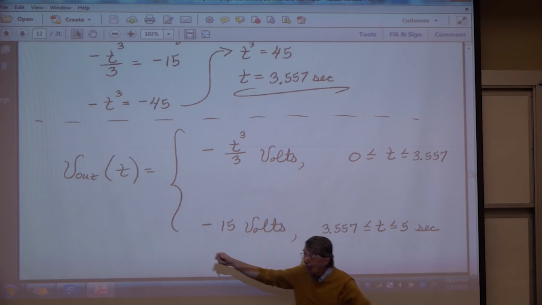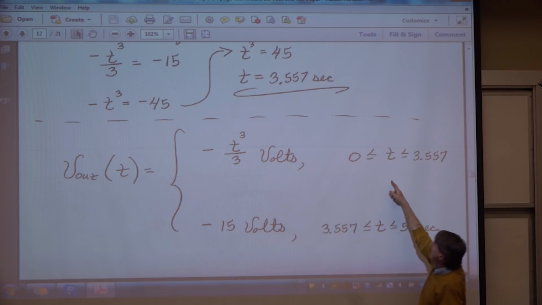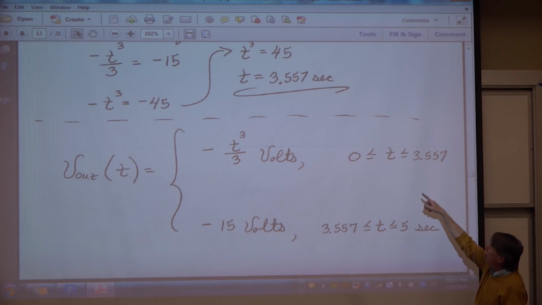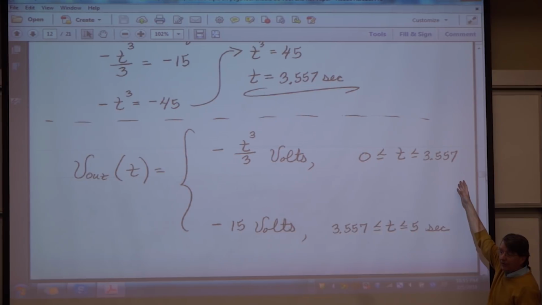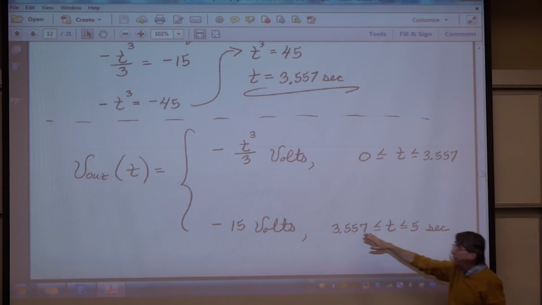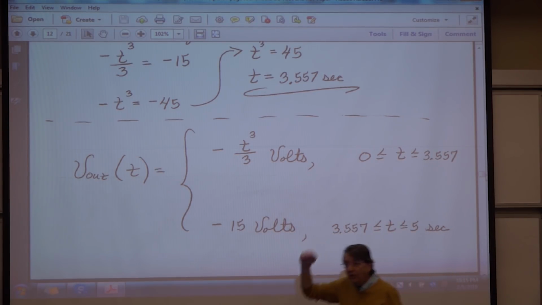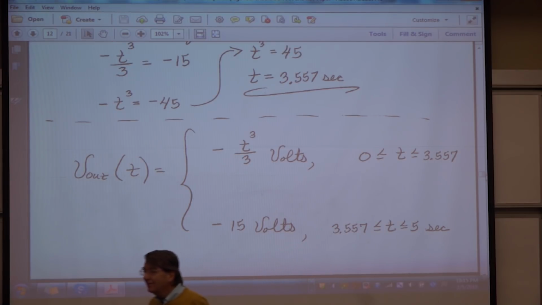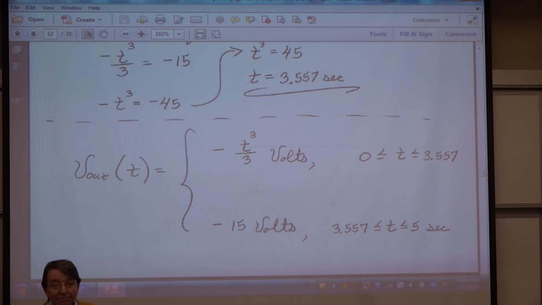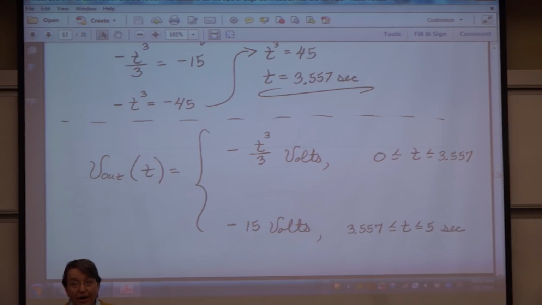It can't get any more negative. So that's from 0 to 3.557 seconds. Now, between 3.557 seconds and 5 seconds, because that's all the input lasts, we're stuck at minus 15. How do we do? That's an integrator. Not bad. You'll be aces on Friday during the lecture.